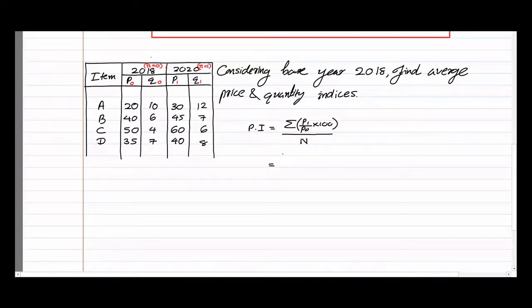The second item, B: P1 is 45, P naught is 40, 45 over 40. For C, it is 60 over 50 into 100. The last one, 40 over 35 into 100.